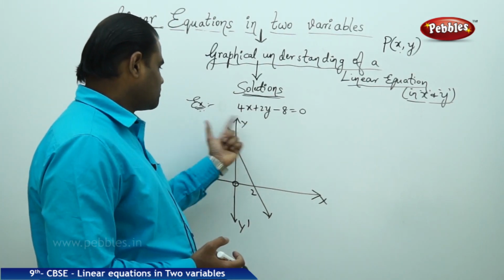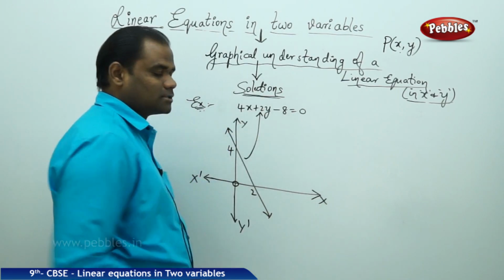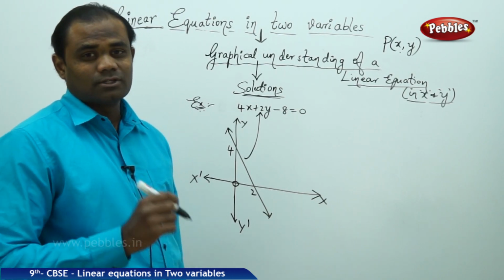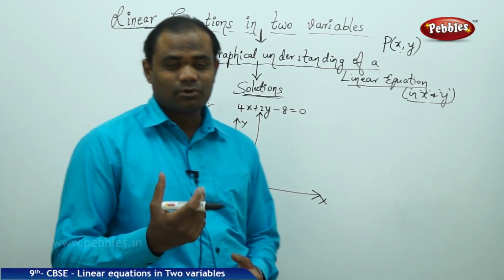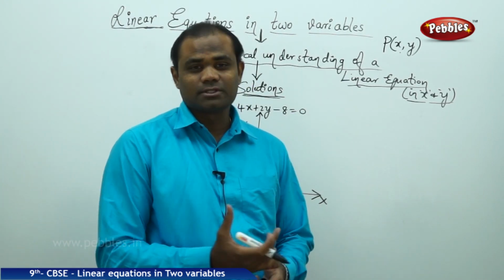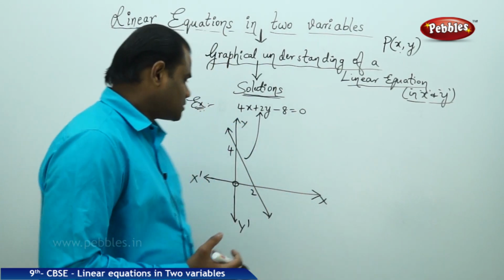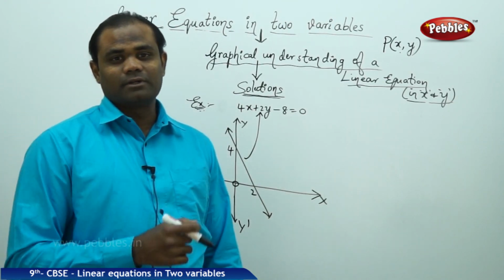Now the similar example taken is a straight line with this equation. Now let's see how we can understand the solutions of this linear equation. As we know, linear solutions are the values which satisfy the given linear equation. It is the values of x and y in this Cartesian plane which satisfy the given line.